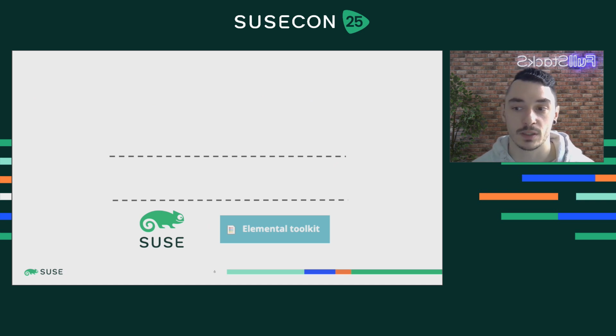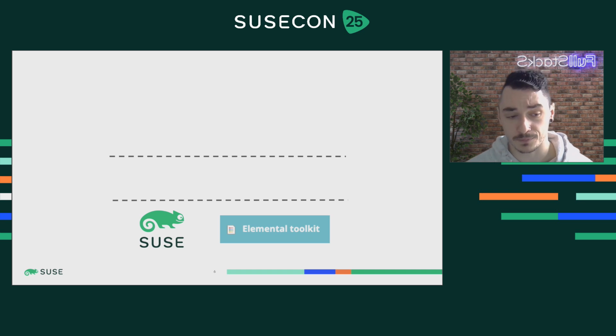If you're somewhat into edge computing and if you want to know the latest functionalities provided by SUSE regarding operating system management, definitely have a look at the Elemental project, and underneath that also the Elemental Toolkit, which is a very cool and sophisticated but not that easy to learn piece of software, but very powerful.